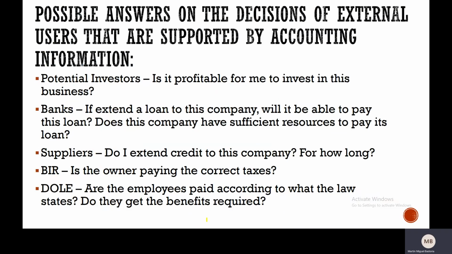And possible answers on the decisions of external users that are supported by accounting information for potential investors. Is it profitable for me to invest in this business? So ito yung mga tanong na gustong masagot ni user based sa accounting information. So sa bangko, kung pauutangin ba siya, kaya niya magbayad, gaano katagal niya, how fast can he pay the loan, and do they have financial sufficient resources to pay the loan?